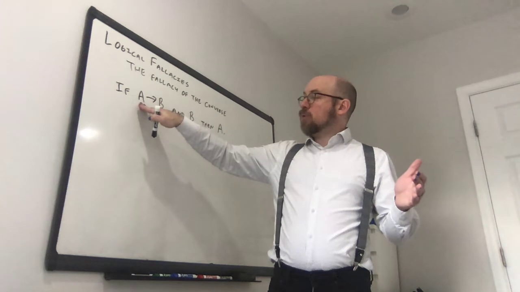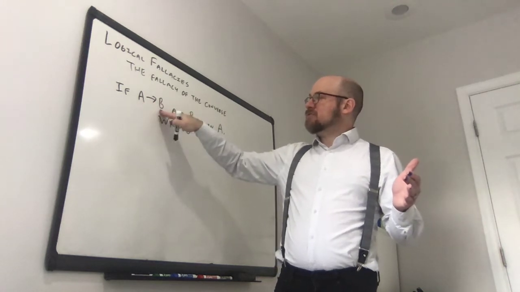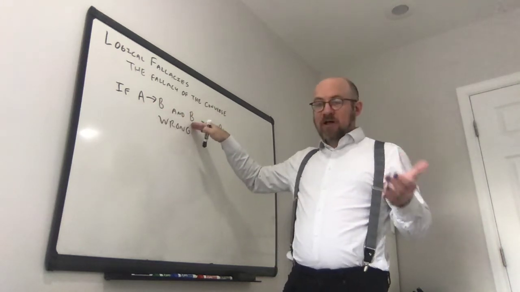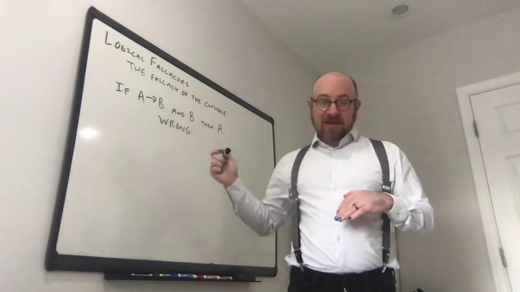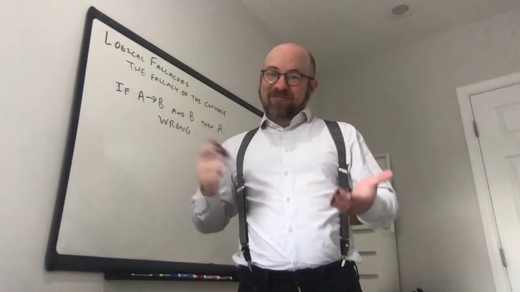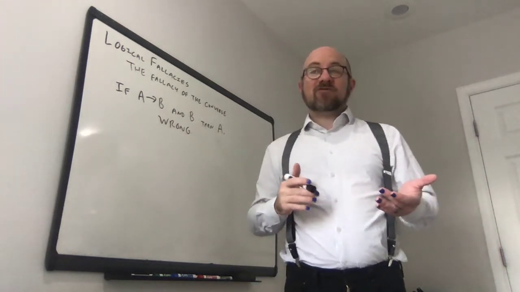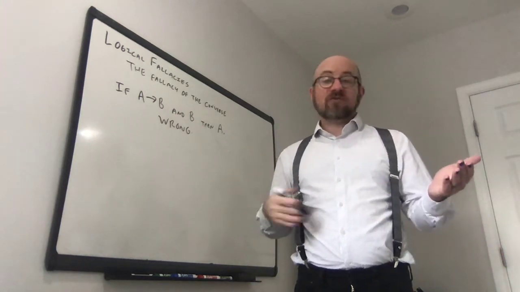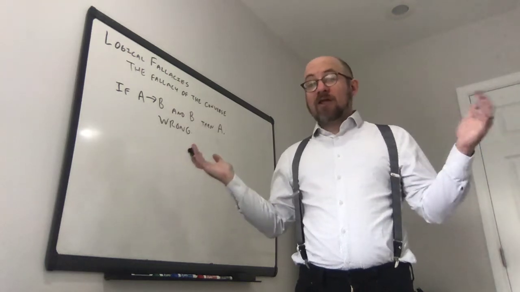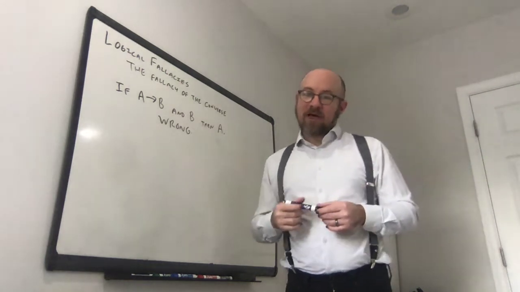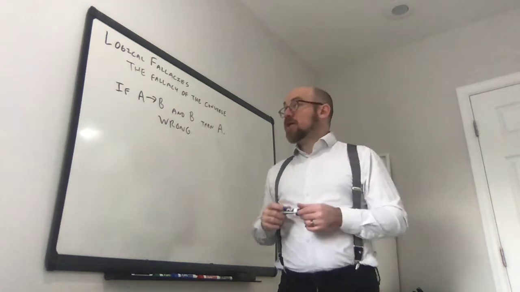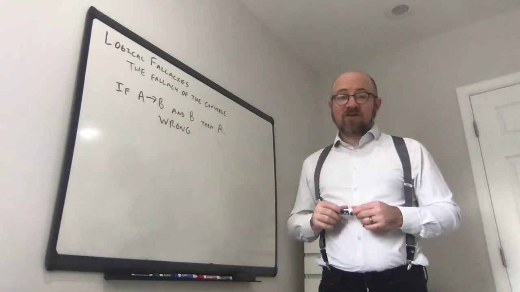If you bought it somewhere else, then you paid too much, and you paid too much, so you bought it somewhere else, right? But that statement could be true, and you could have paid too much buying it from them, right? So if you paid too much, you might have bought it somewhere else, you might have bought it from us. And they don't want you to think about that, right? That they might have overcharged you. So that's another example of the fallacy of the converse.